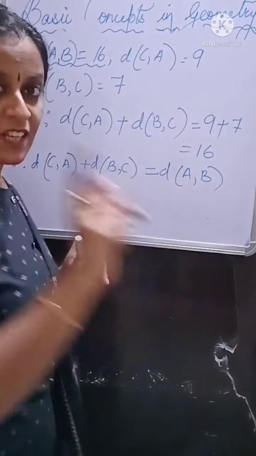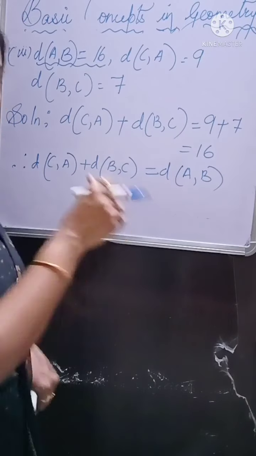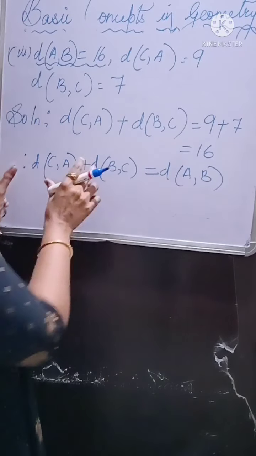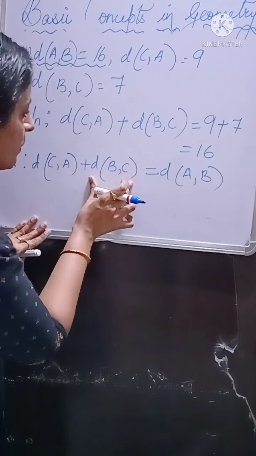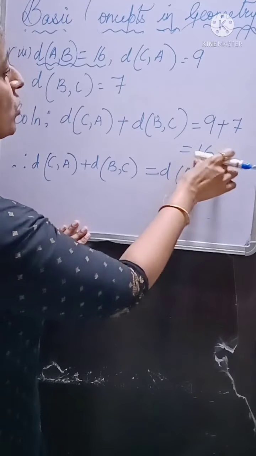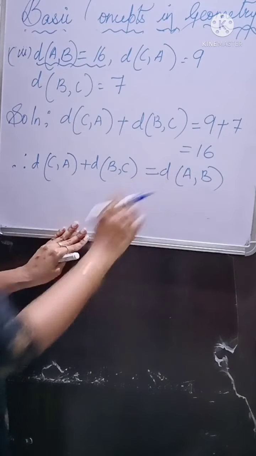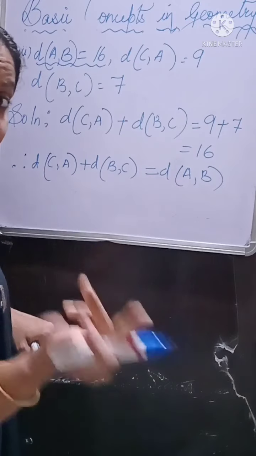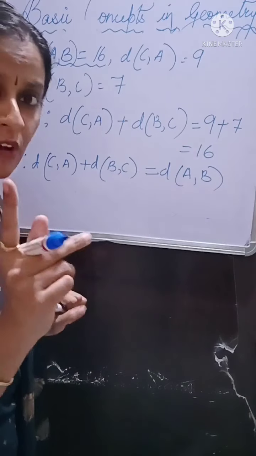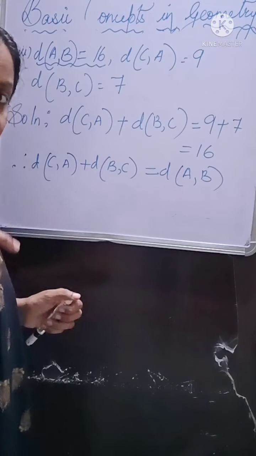This step carries 1 mark. This step shows that you know how to write the betweenness property. Distance between C comma A plus distance between B comma C is equal to, what was 16? Distance between A comma B. This means that which point is between the other two? That also I told you. Here is the trick to get that point.